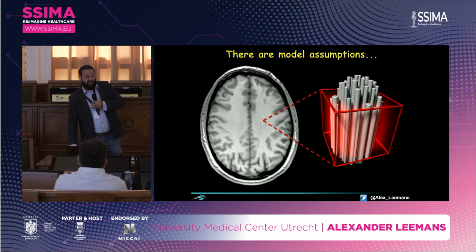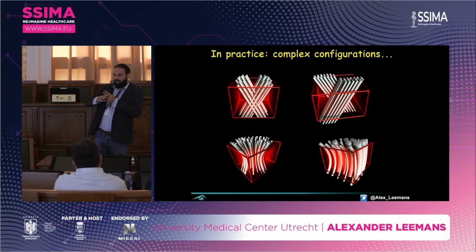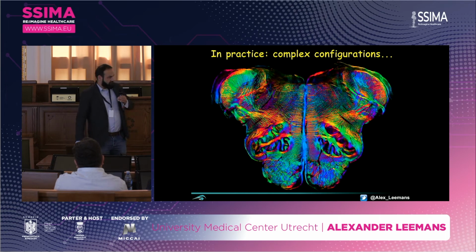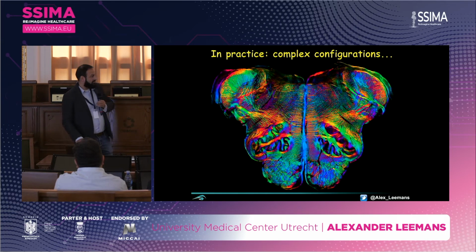So this is what we think happens at a very voxel scale. But in practice, it's not hard to imagine that all these pathways, they're actually crossing each other and bending and splaying and all these different pathways connecting each other. But so this is not a butterfly, by the way.